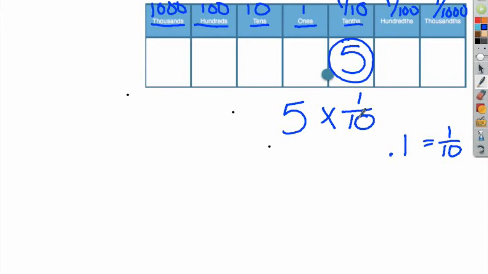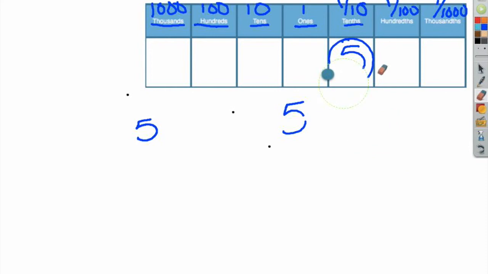Let's see if we're right. 5 times 1/10, you would have your decimal right here. And it'd be the same as 5/10. Let me teach you what I would do in this situation.